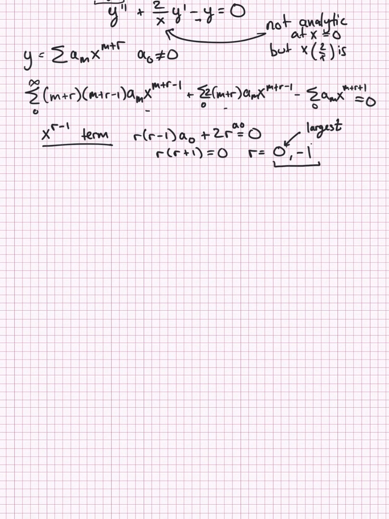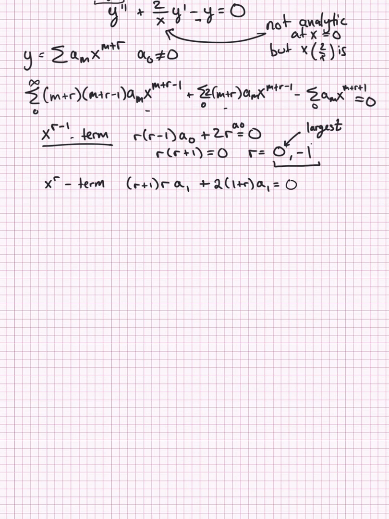Now there's actually another step for this problem, because besides an x to the r minus 1 term, there's also an x to the r term, which only gets contribution from the first two series. In this case, it's r plus 1 times r times a1, plus 2 times 1 plus r, a1, is equal to 0.